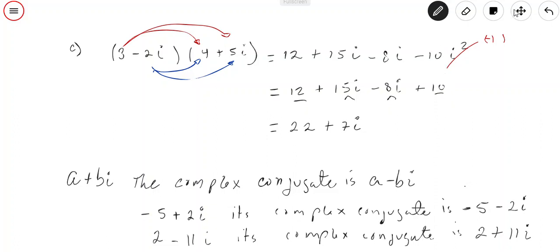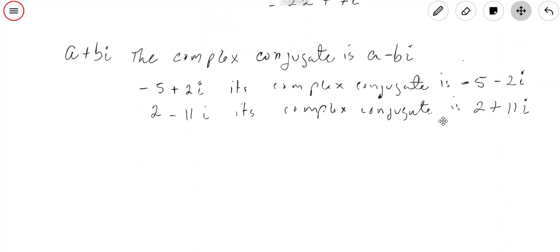So why is it important to know what the complex conjugate of a complex number is? Because if we multiply a complex number times its complex conjugate, the result of that would be a real number.